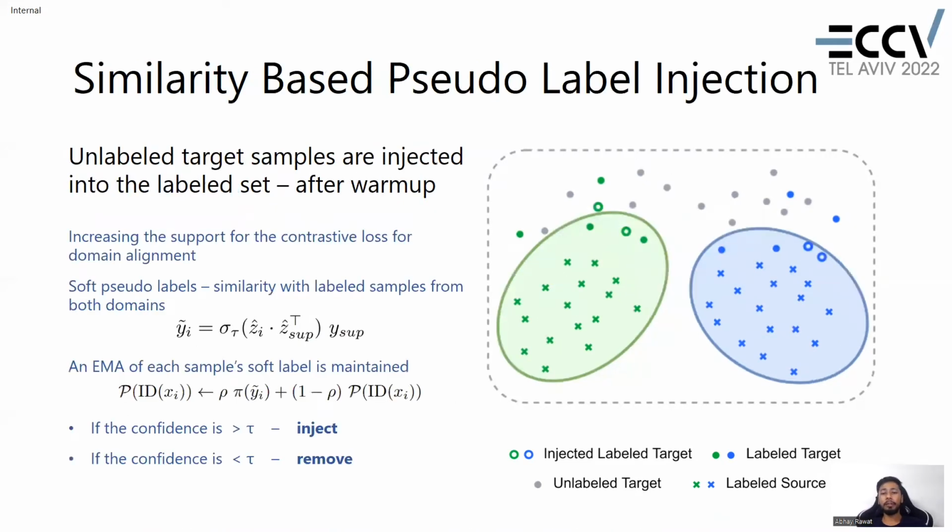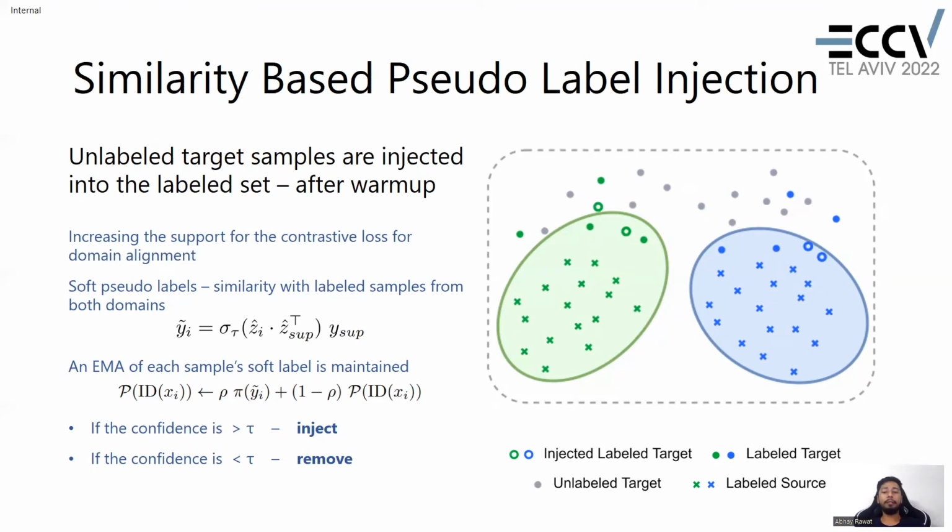The key contribution of our work lies in the pseudo-label injection method. In the previous slide, we discussed how the soft pseudo-labels are computed. We maintain a key value pair of the exponential moving average of every sample's soft pseudo-label. These pseudo-labels are updated every time a sample is encountered during training. Every iteration, we check if the confidence or the likelihood of the pseudo-label for a sample is greater than a predefined threshold.